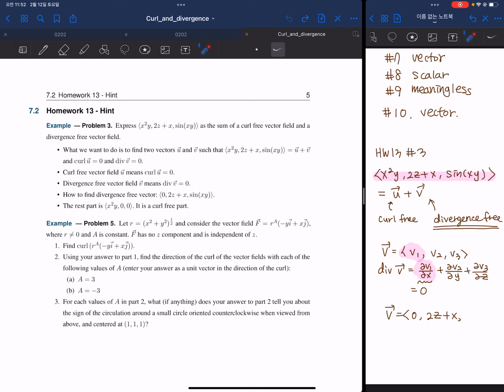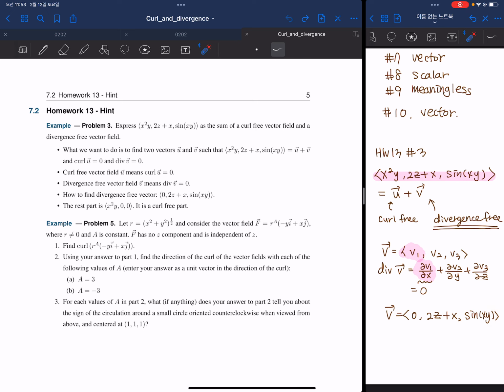And then for the last one, we take a partial derivative with respect to z, and there is no z term, so we take the whole thing. Let's say this is sin(xy), okay? Then you can check that d/dx of the first is 0, d/dy of the second is 0, and d/dz of the third is 0. So we get divergence of v is 0, right?